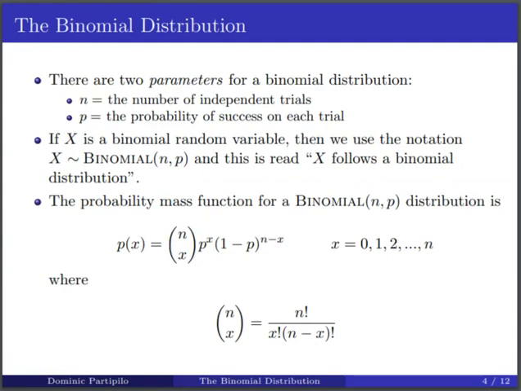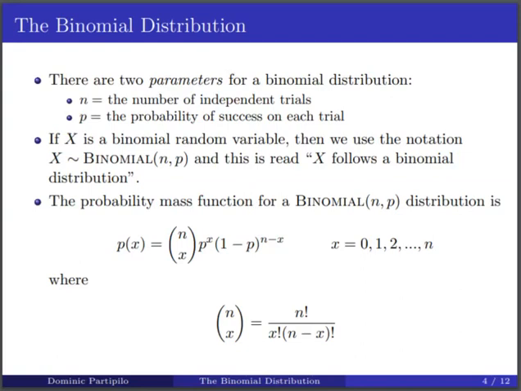So the probability mass function for a binomial distribution is this. And I know it looks pretty complicated, but it's actually really nice because we have this in functional form and we don't need to list it out in a table like we did with some of the other discrete distributions that we looked at in the previous videos. We read this as n choose x, and I'll go over that in a minute, times p raised to the x times 1 minus p raised to the n minus x.